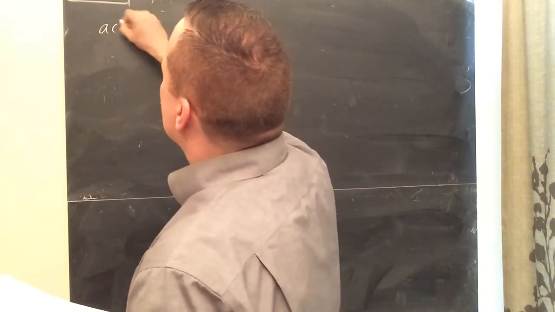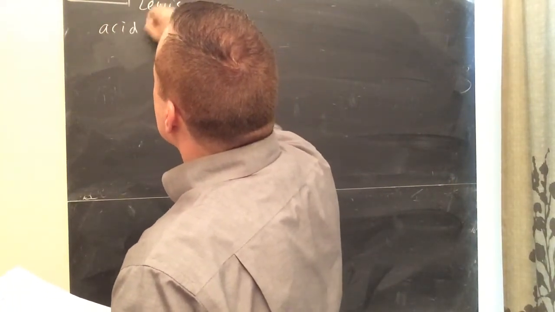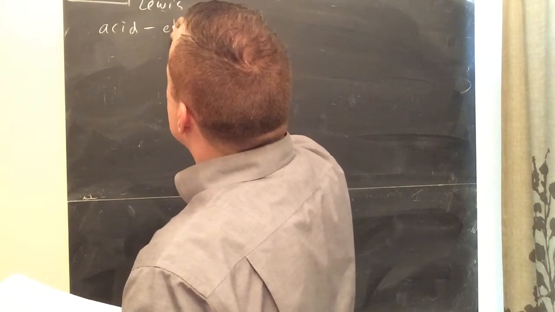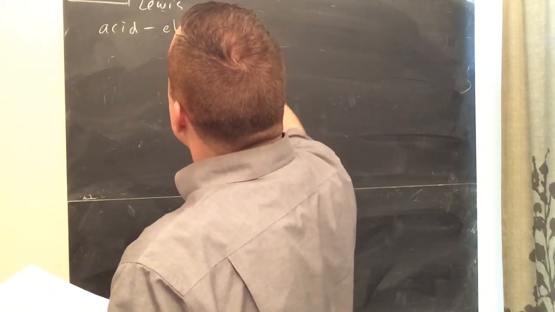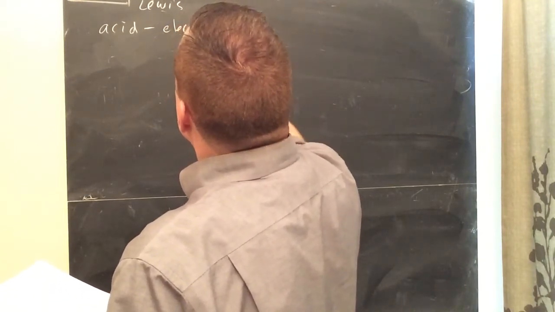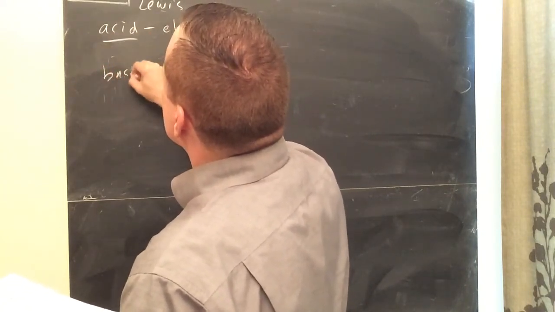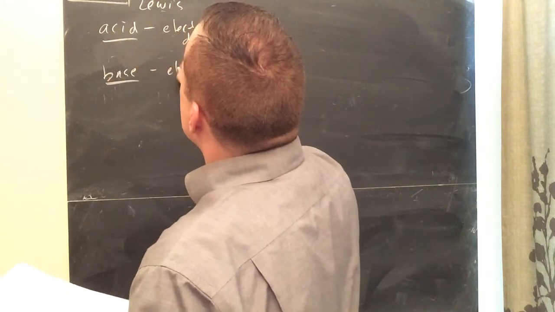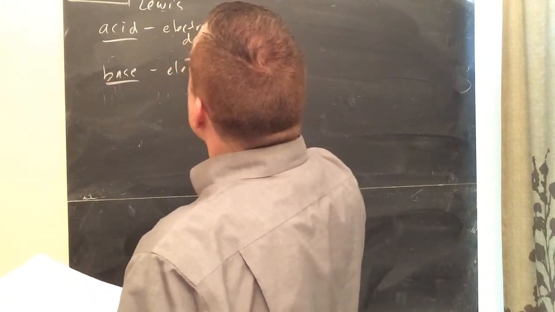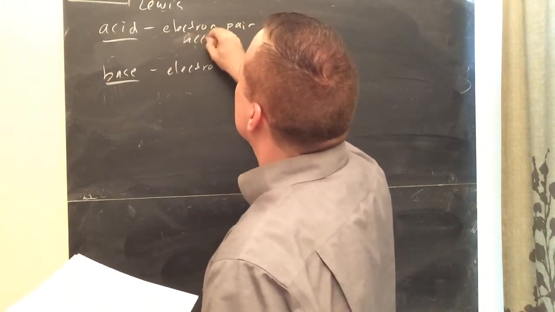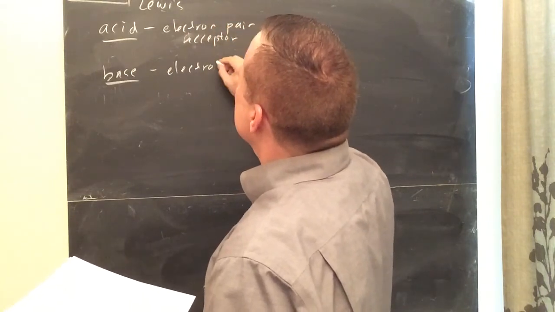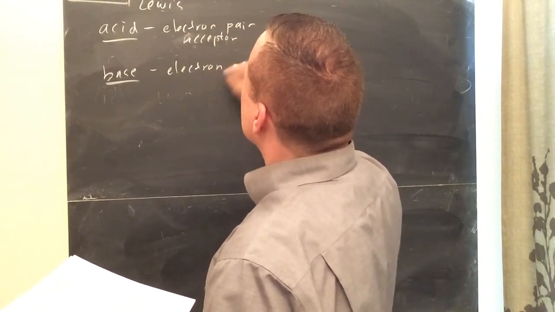An acid for Lewis is an electron pair acceptor, and a base is an electron pair donor. Oh, no, sorry. Let me fix that: an acid is an electron pair acceptor, and a base is an electron pair donor.